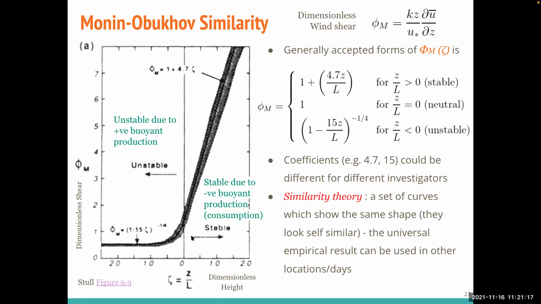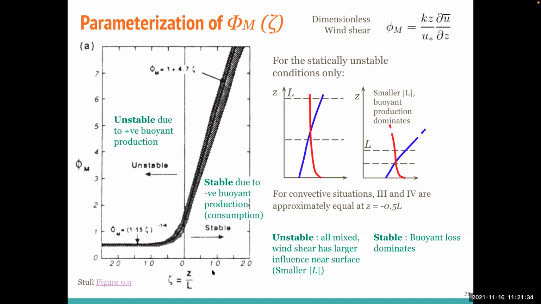If you have a larger height, then your shear is also larger. This is telling you this. These two are only applicable for the unstable condition, which is the left-hand side in here. Okay.